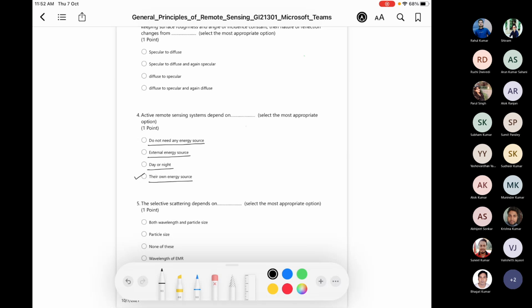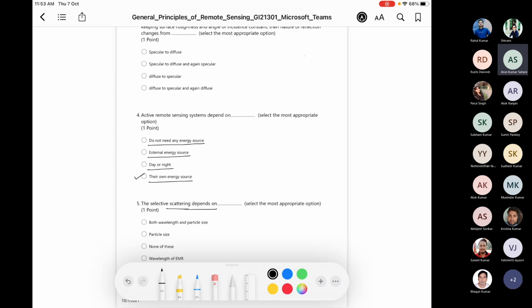I think this is a simple question. The fifth one, the selective scattering depends on. When we discussed scattering, we talked about two types of scattering, non-selective and selective. In case of selective scattering, we have two types.